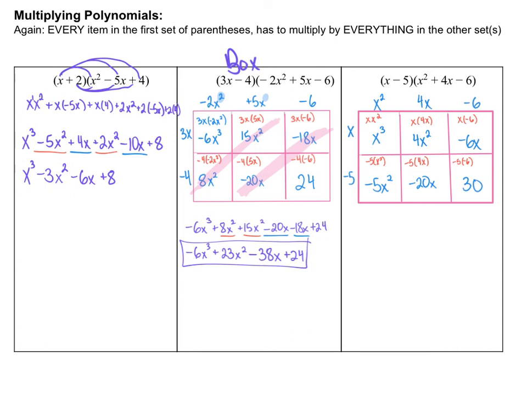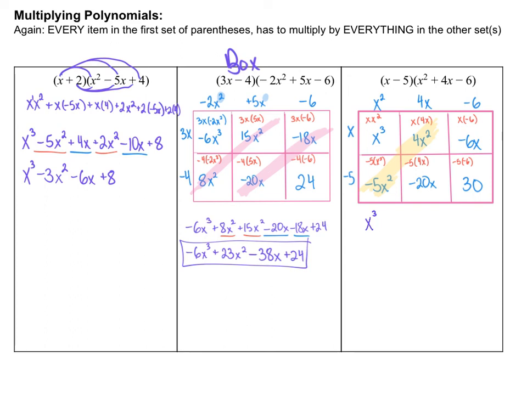So this one, maybe I'll combine my like terms right away and save a step. If I have my highlighter, I notice a negative 5x squared and a 4x squared. So I'll start with my x cubed. There's only one of them, so it stays x cubed.